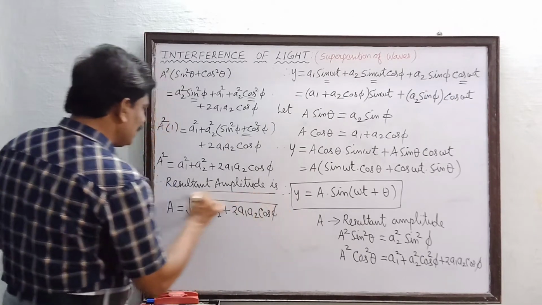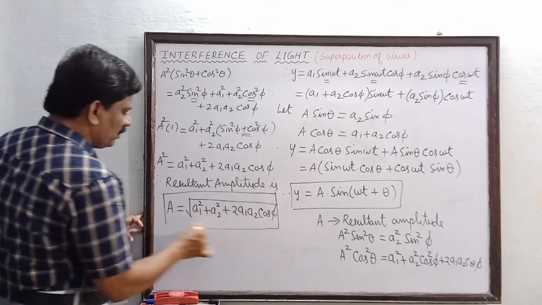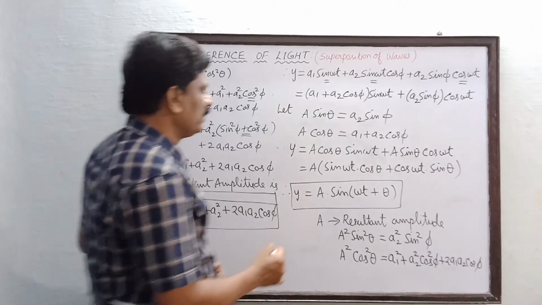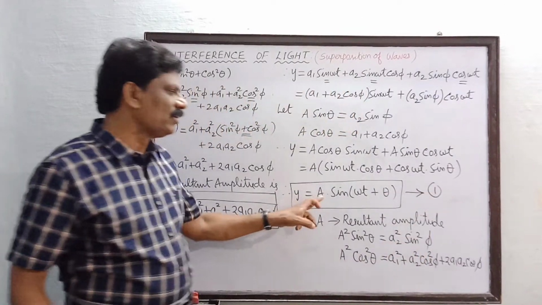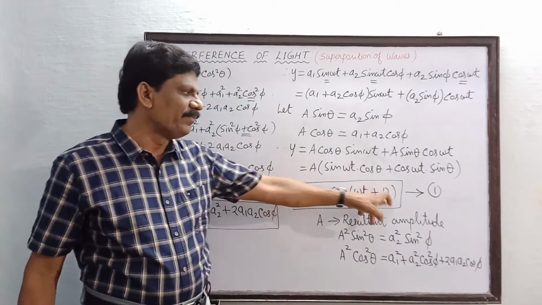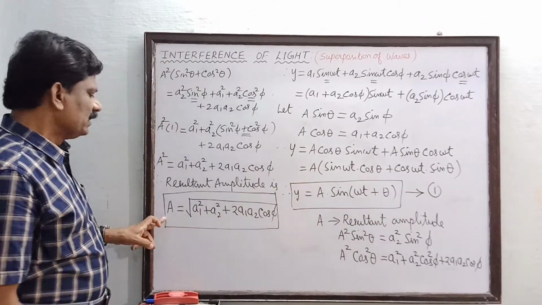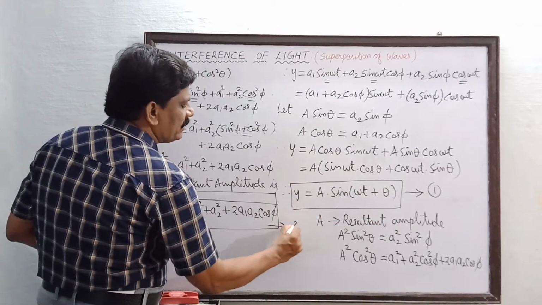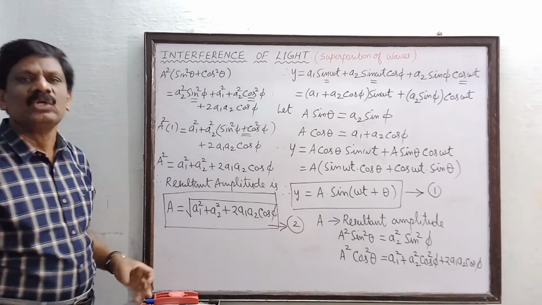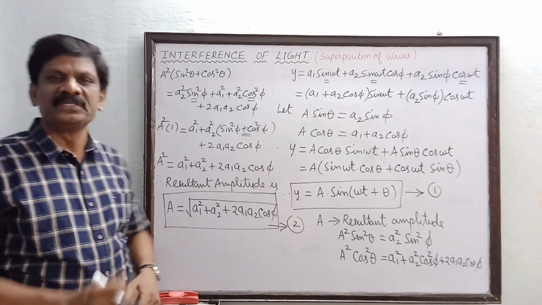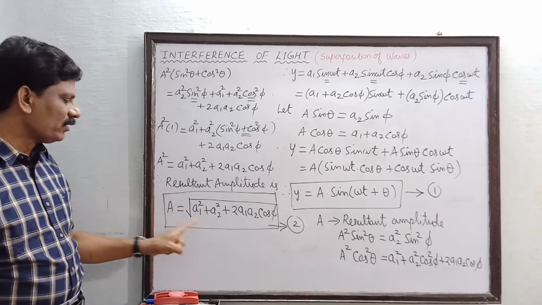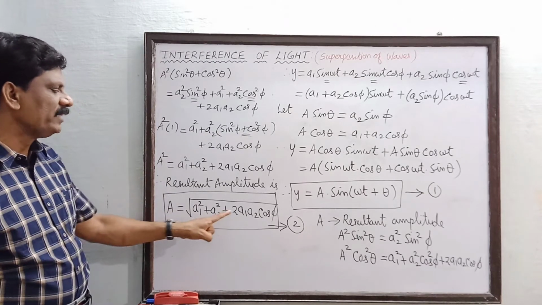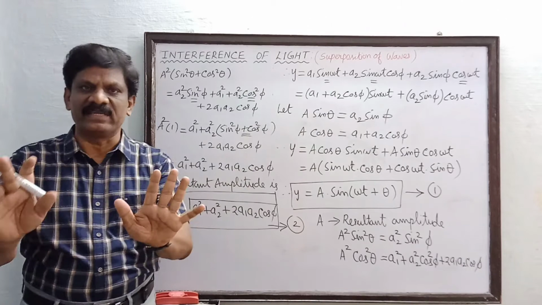So this is the main equation. We already have another equation: the resultant displacement is given by y equal to capital A sin of omega t plus theta. So this is another main equation, number 2. Have you understood up to equation 2? The resultant amplitude is A equal to square root of A1 square plus A2 square plus 2 A1 A2 cos phi.